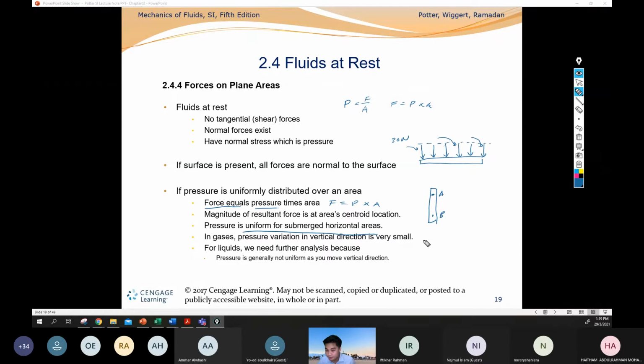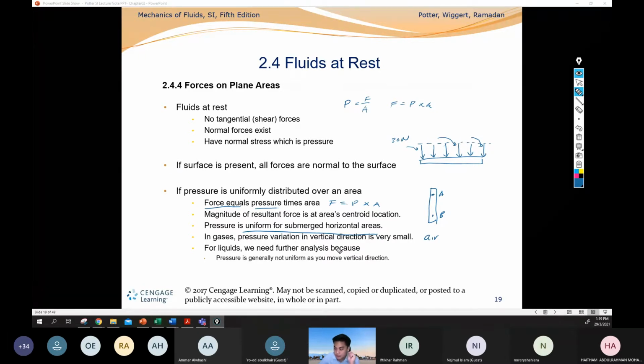The gas, for example like the air, has very, very small density as well as specific gravity, as well as the gamma specific weight. That is why normally when we involve the elevation for the gas, we normally omit it. You can calculate, but the value is very, very small.